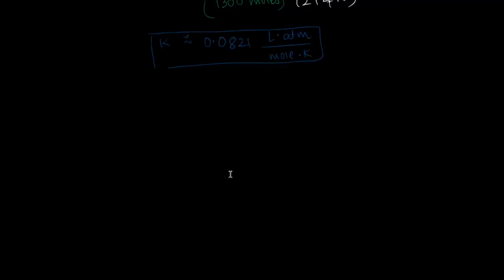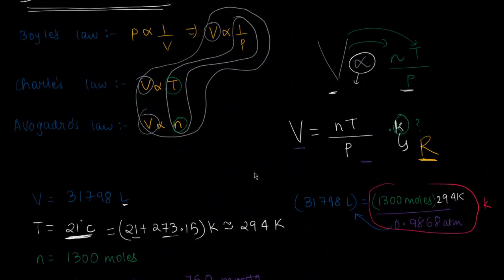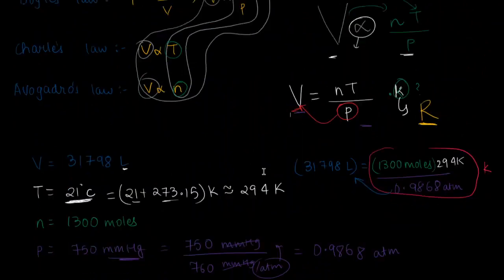So if you want to rephrase the ideal gas equation, the combined equation that you have, you can take this pressure and multiply it on this side. And so in the end, you will arrive at P times V equal to n and T remain, and that R, that universal gas constant, also comes here.